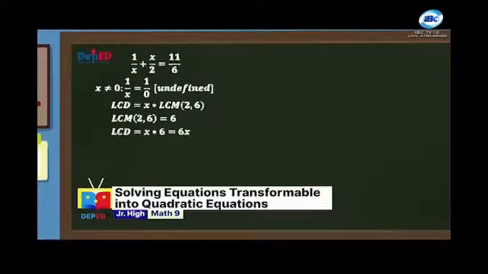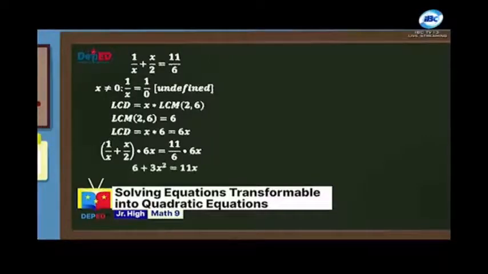Therefore, the LCD of these expressions must be equal to x times 6, or simply 6x. So, we multiply both sides of the rational algebraic equation by 6x, and the resulting equation must be 6 plus 3x squared equals 11x. Expressed in standard form, the equation must be 3x squared minus 11x plus 6 equals 0.